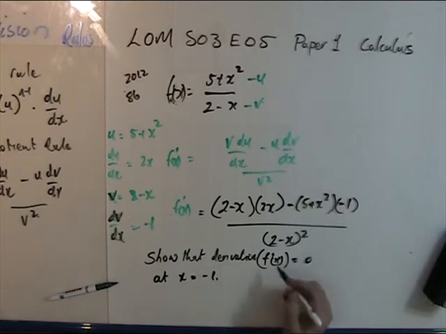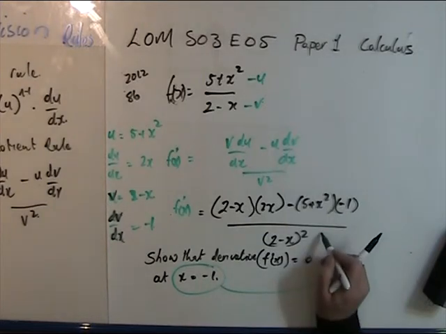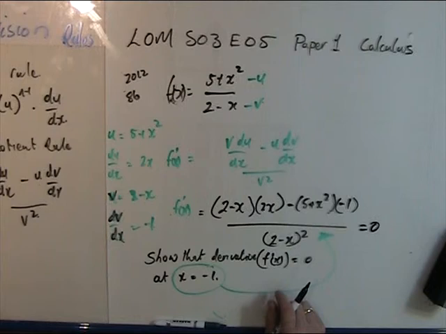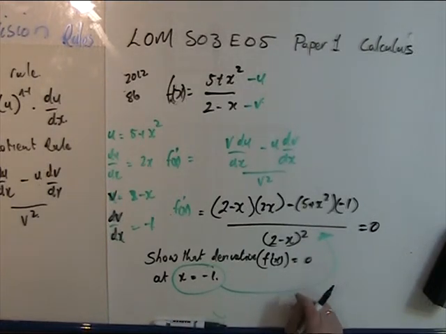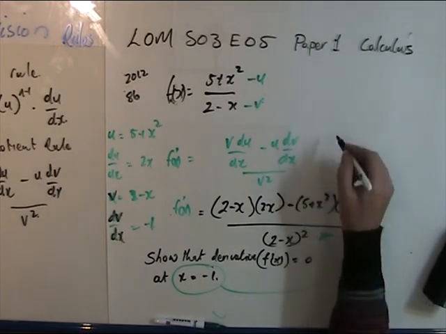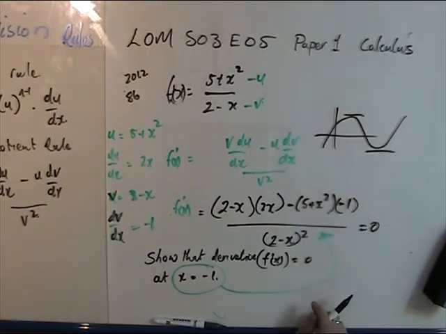Now what I do is I put minus 1 in for this formula everywhere I see x, and if the answer is equal to 0, that means the slope is 0 at that point. So given the point, find the slope. If you put in minus 1 and the slope is equal to 0, it means it's on the top or the bottom somewhere, at a maximum turning point.